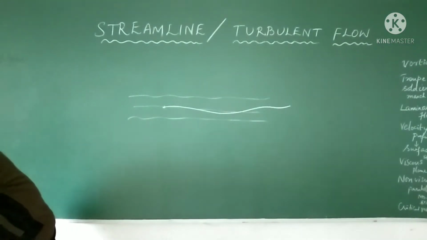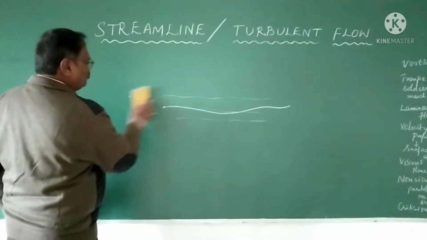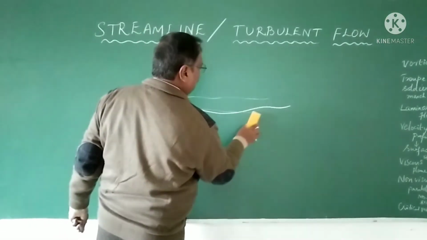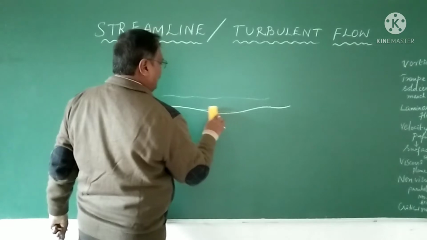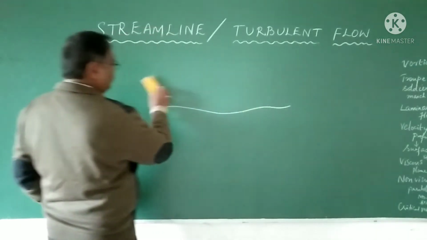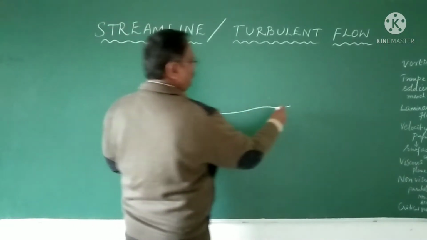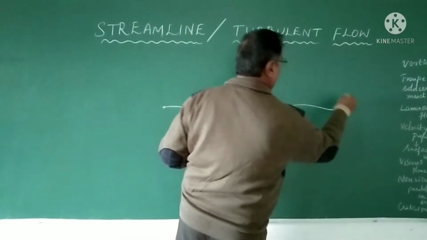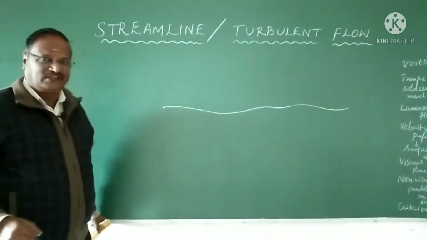I am assuming one particular line along which the water is flowing, and I am going to discuss how streamline flow and turbulent flow can be.